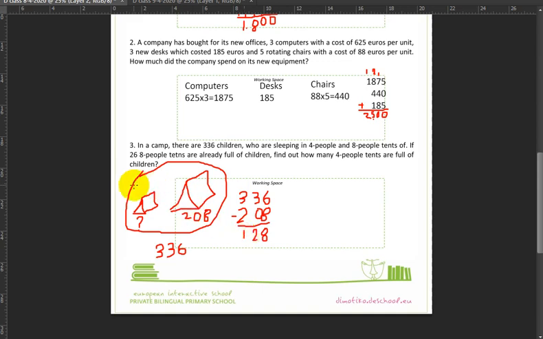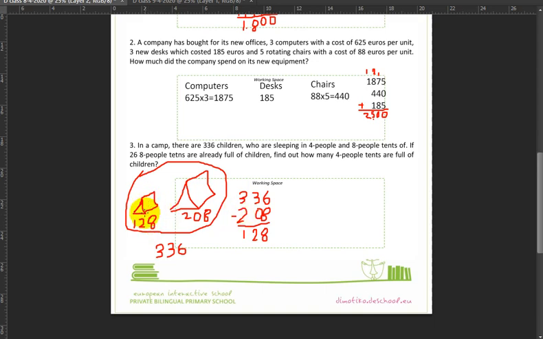So there are 128 people sleeping in the small tents, 128. And then what it asks, though, is not how many people are sleeping in the small tents, but rather how many tents there are. So what I need to do in order to figure that out is the following.